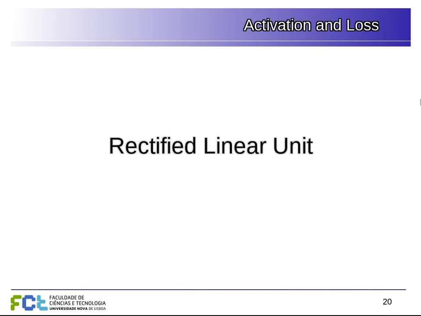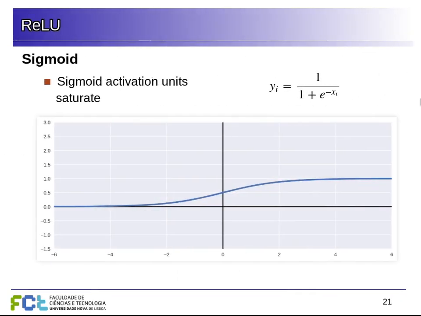So this is something that we can solve with the rectified linear unit. This appeared about 2012 because it's a very unintuitive way of solving this problem of modeling a neuron. Remember that we have this biological neuron that we're trying to model, and the biological neuron has an all or nothing response.